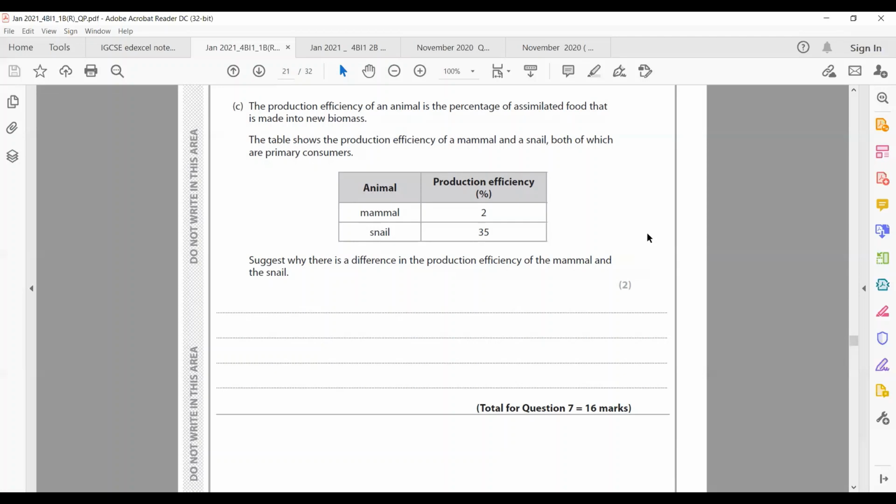That mammals have less than the snails. I'm not sure, Miss. You're not sure? Okay, Wad, can you answer this question?